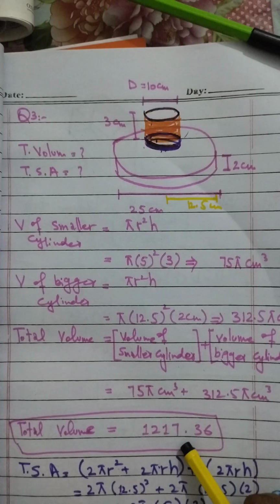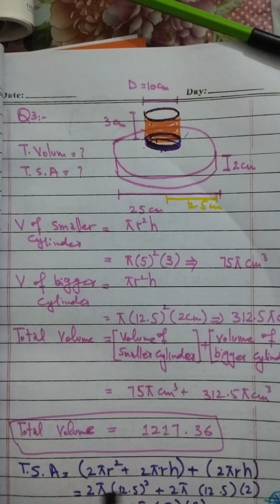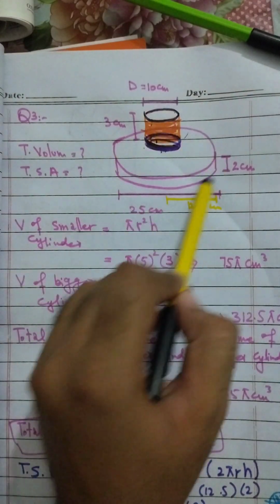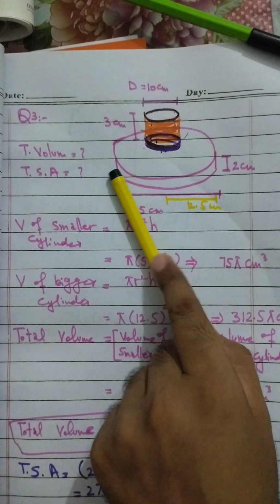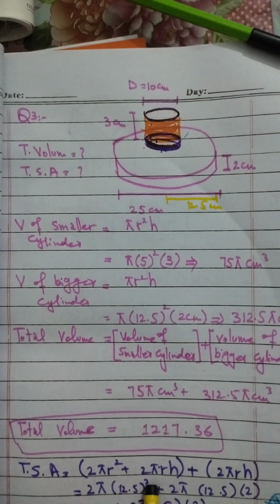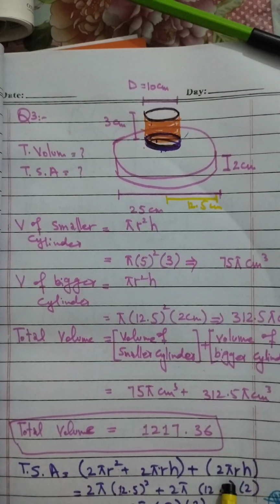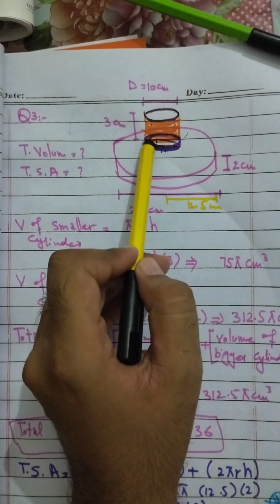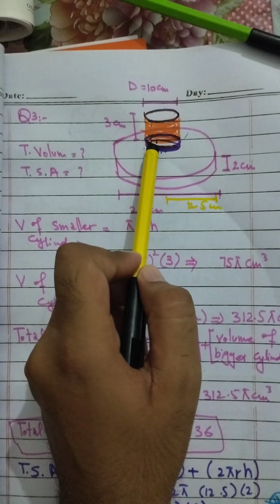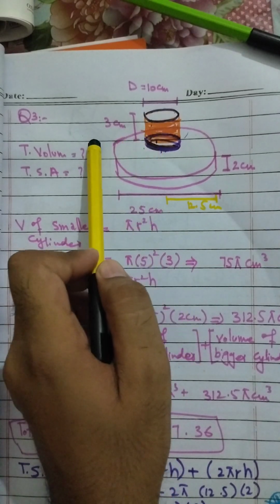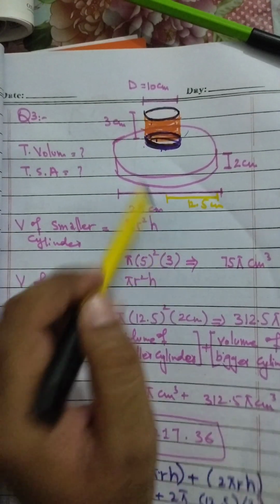Okay, when we talk about the total surface area, we know that the total surface area for the bigger cylinder comes with the formula 2 pi r square plus 2 pi r h. When we move toward the smaller cylinder, as we have already discussed, we will neglect the 2 pi r square as I briefly described before starting the solution.